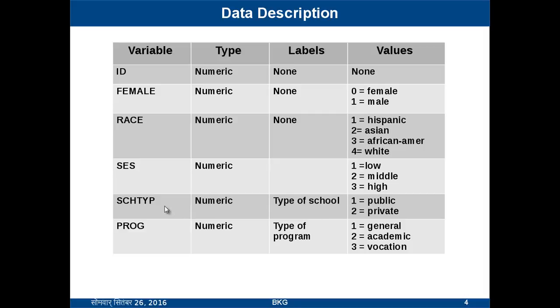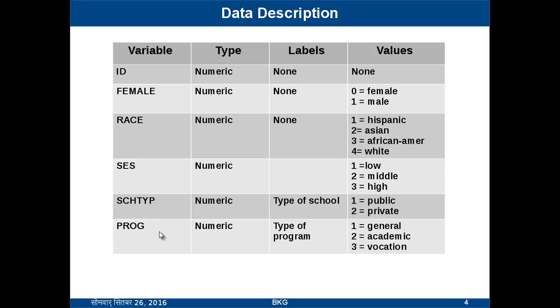Then we have the type of school, which is written as SCHTYP, school type, where we have only two values, one for public school and two for private school. That means respondents who are attending public school are coded as 1, and 2 is coded for those respondents who are attending private school.